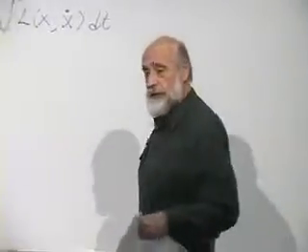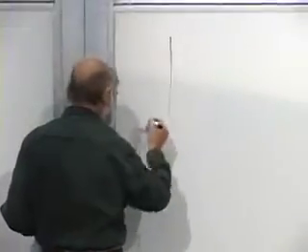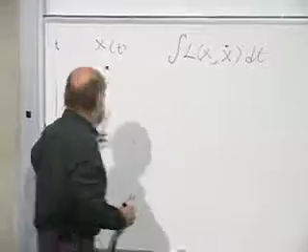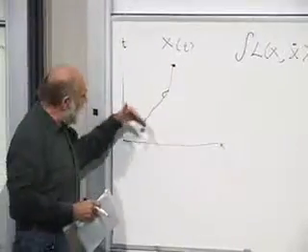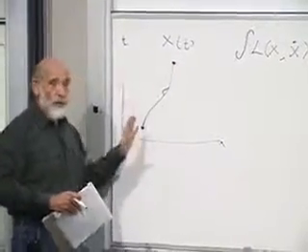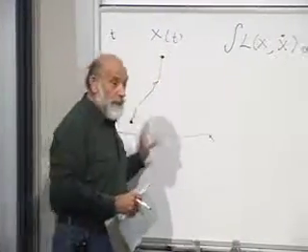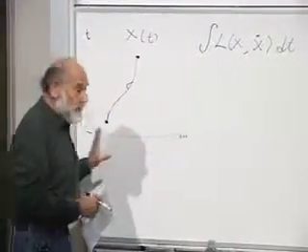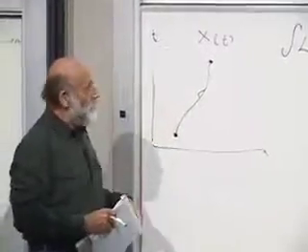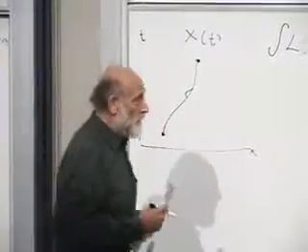Let me just remind you, when you're minimizing a quantity, for example, supposing you're minimizing something with respect to one variable, only one variable now. In this context, we're minimizing with respect to an infinite number of variables. The infinite number of variables are all the positions along the entire trajectory. So it's a very complicated problem of minimization where we're minimizing with respect to an infinite number of variables.